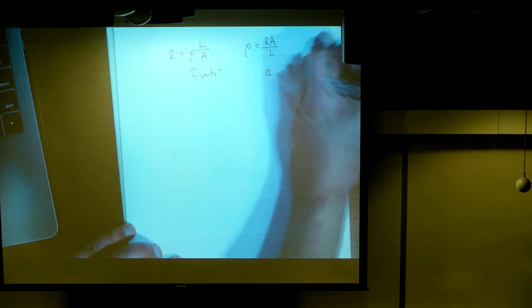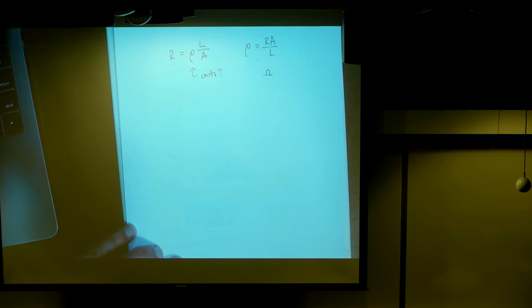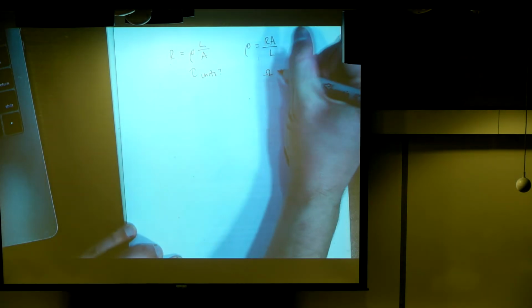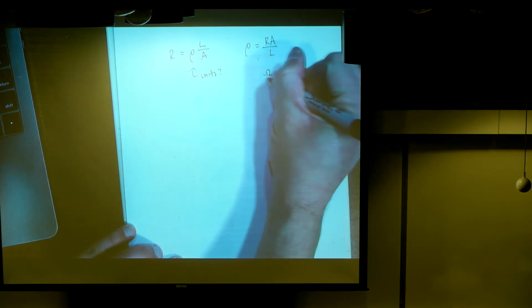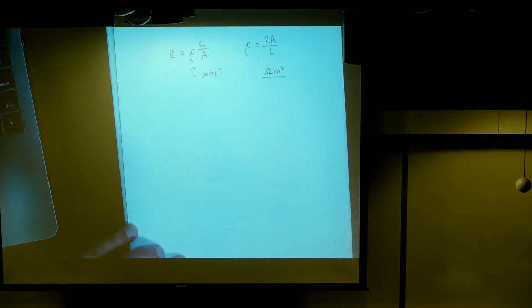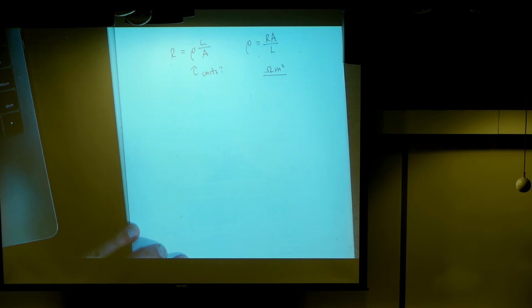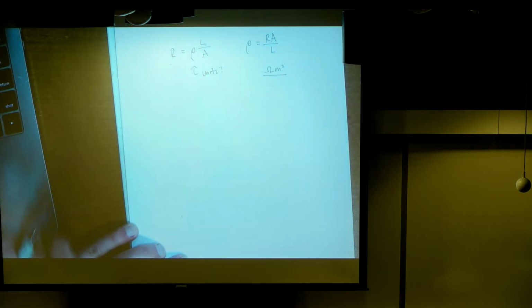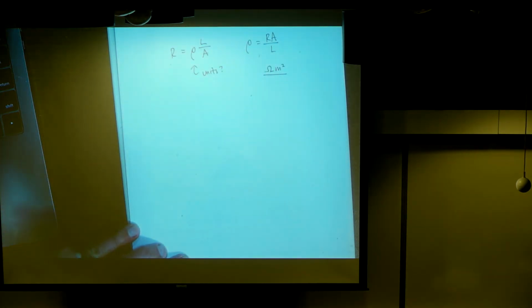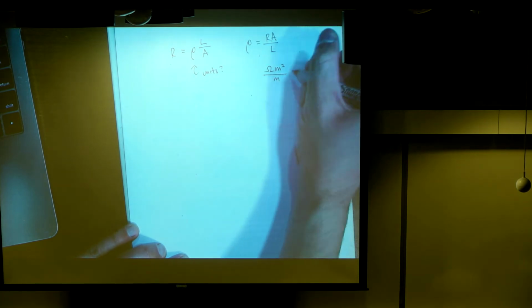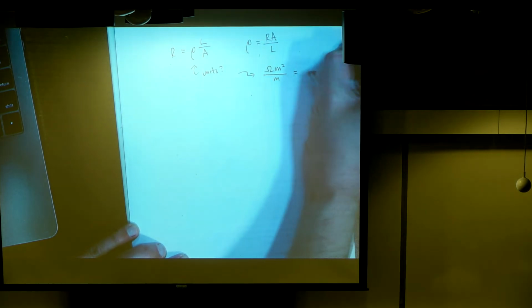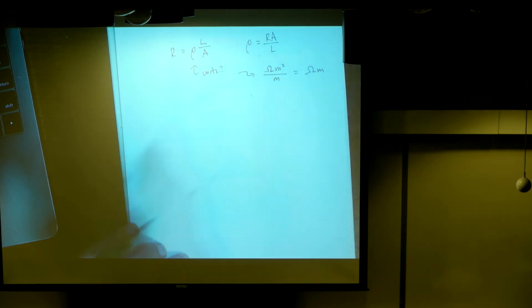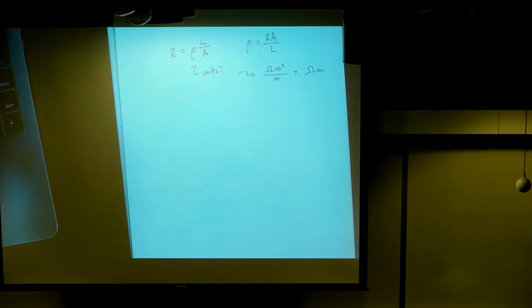So R has units of ohms, right? What about areas? Yeah, in the SI system, we'd use meter squared units, some kind of length squared. And then L, what units would that have? Just meters, right? So the units here would work out as ohm meters. That's our SI unit of resistivity.